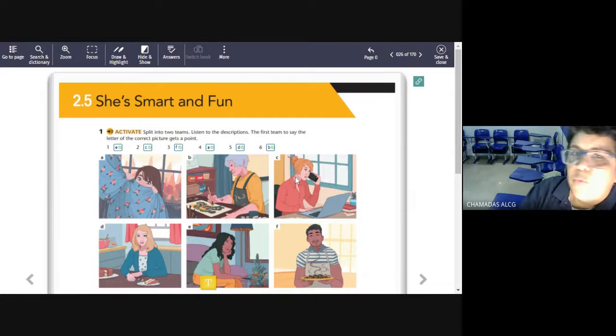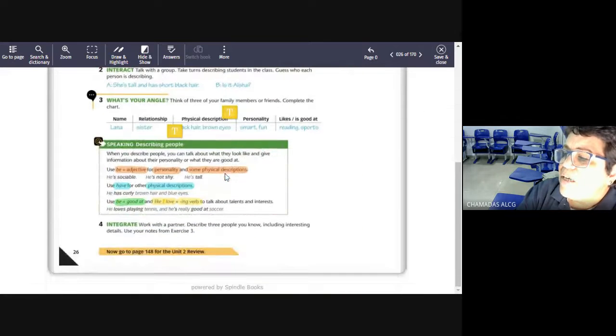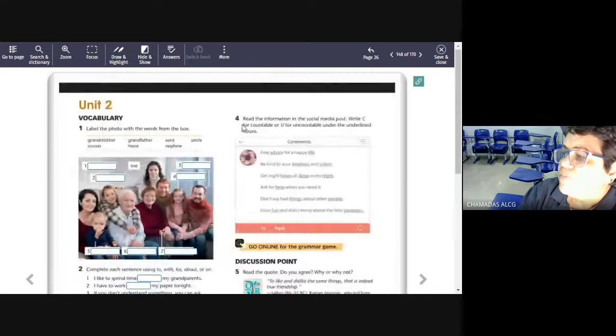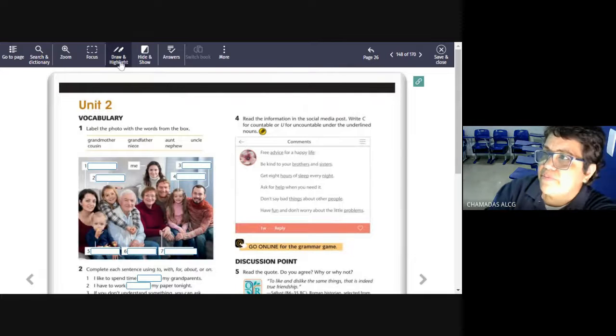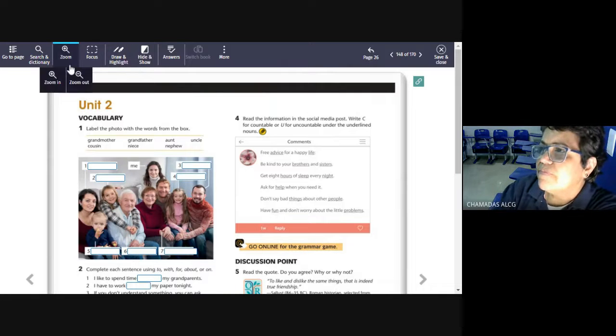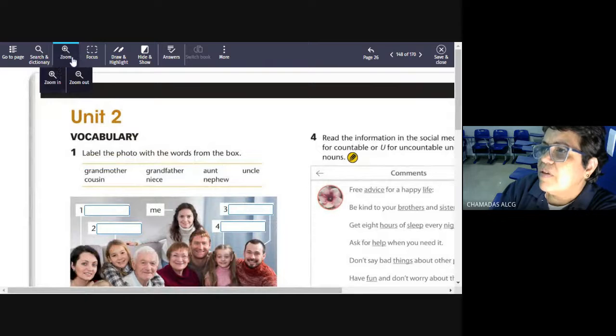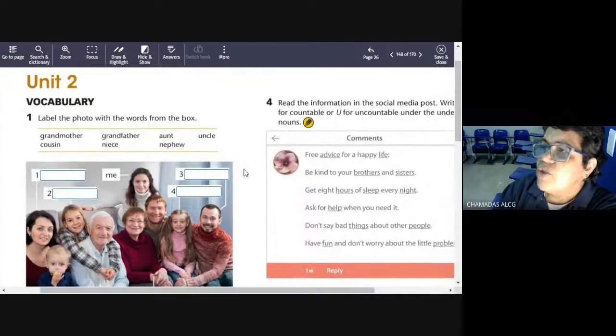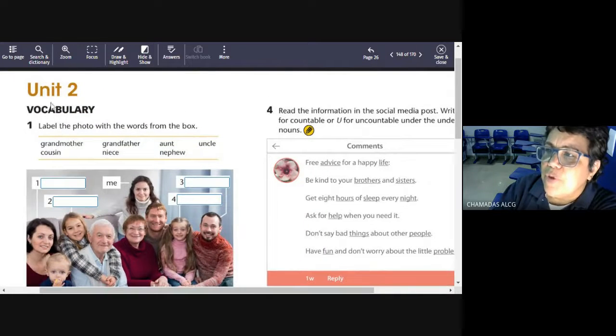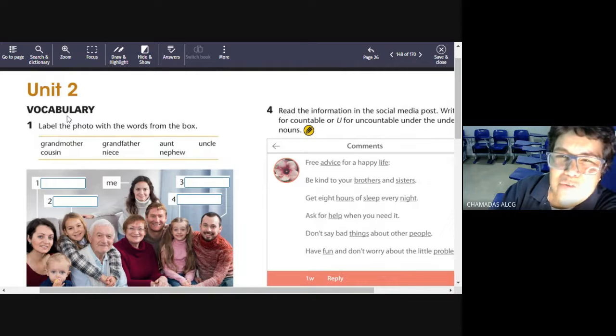All right. Okay, we finished Unit 2. Now, let's see what Unit 2 was all about. Let's do the review, okay? This is quick. So here, as usual, our review starts with the vocabulary of the lesson.